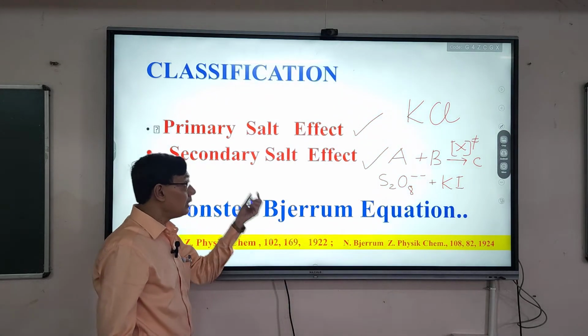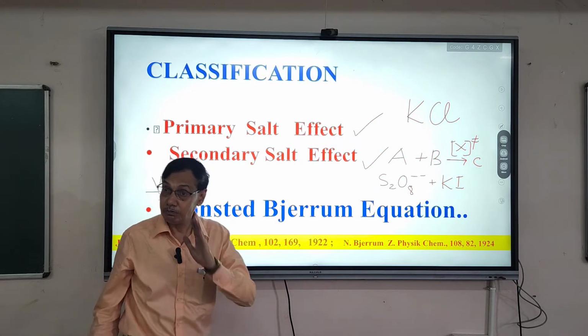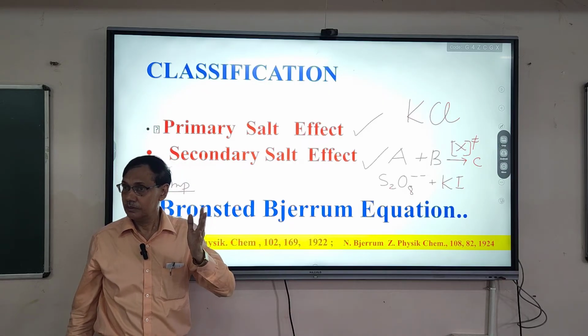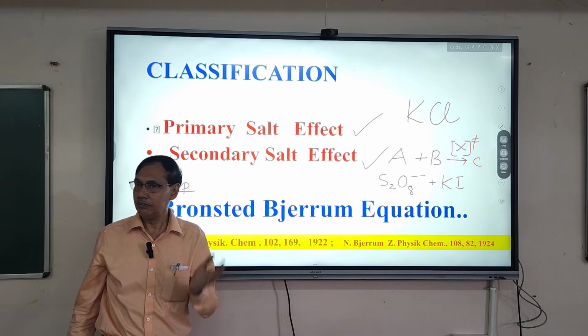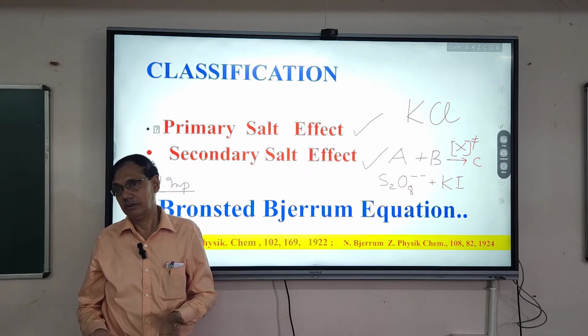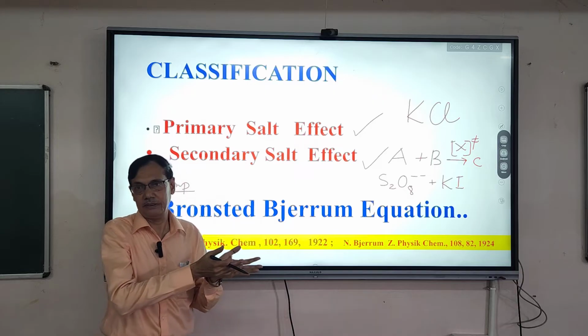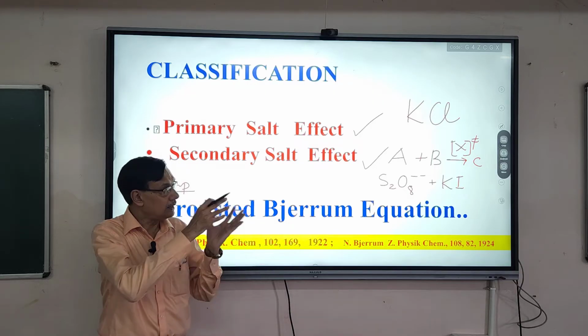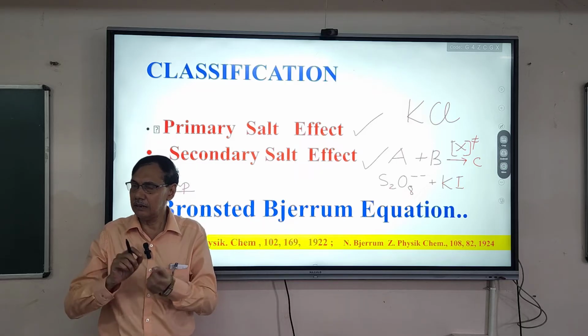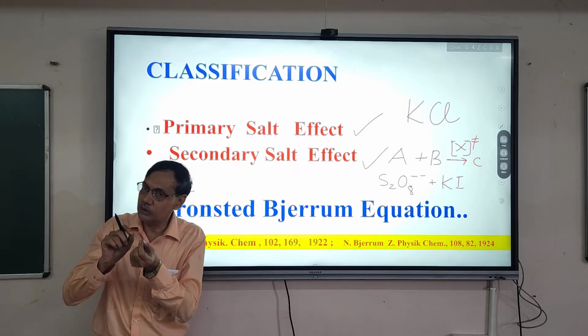So if it is a primary salt effect, those ions directly affect the activity coefficient. Whereas if it is a secondary salt effect, the electrolytes directly affect the actual concentration.